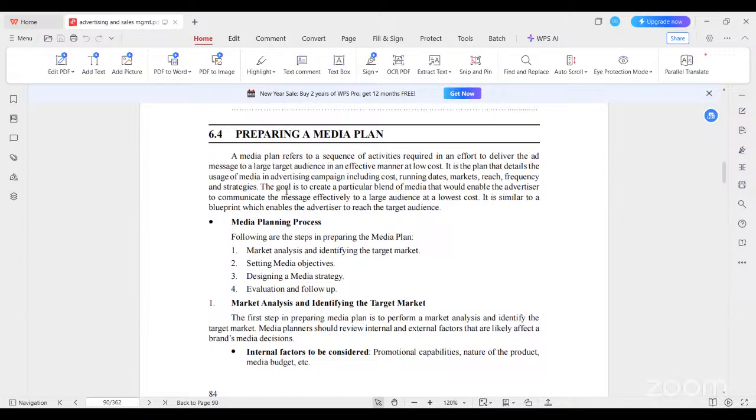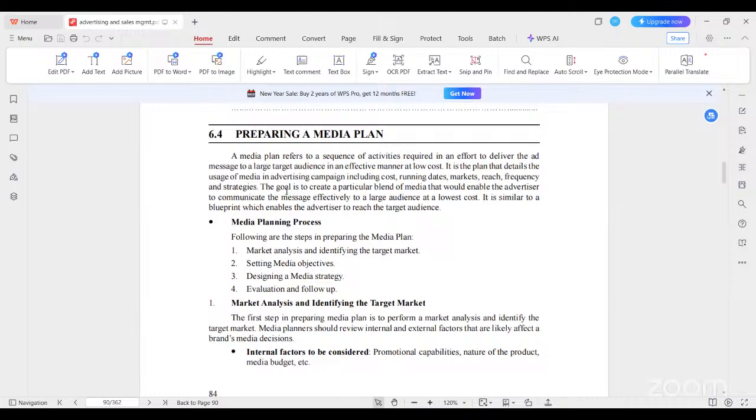So how will the media planning process actually take place? First, the organization, company, or advertising agency makes a market analysis and identifies their target market. Who is their target market? Suppose you are a producer of beauty cream for women.